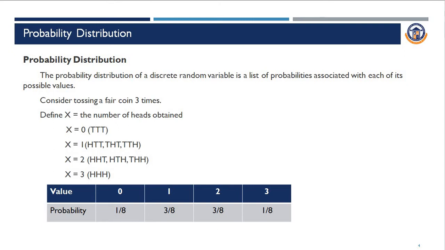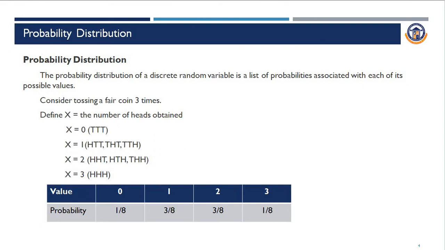For the value 1, the corresponding probability is 3 by 8 because here 3 options are there: head, tail, tail; tail, head, tail; tail, tail, head. In the same way, for x equal to 2, the corresponding probability is 3 by 8. The last option, x equal to 3, the corresponding probability is 1 by 8.